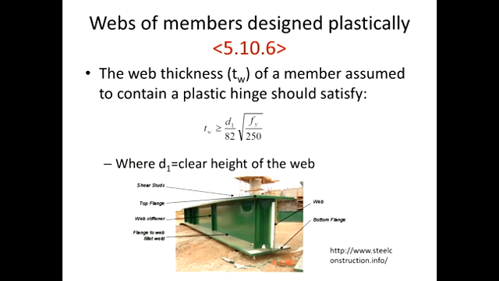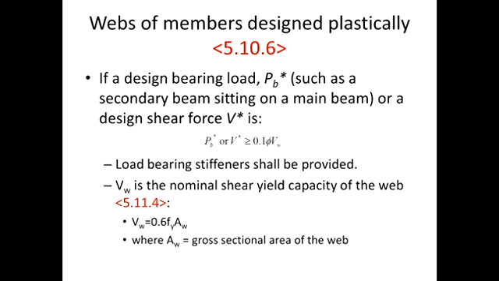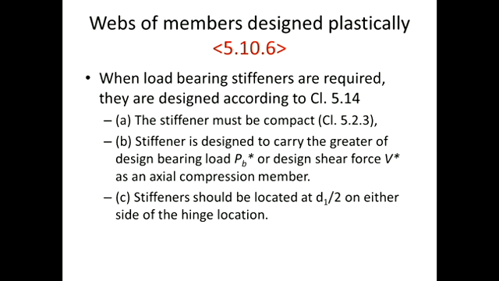For example, if the plastic hinge was at this location, then the distance from where the plastic hinge is going to form has to be d1 over 2. So, in addition to the strength, you also have to look at the detailing of the stiffeners.